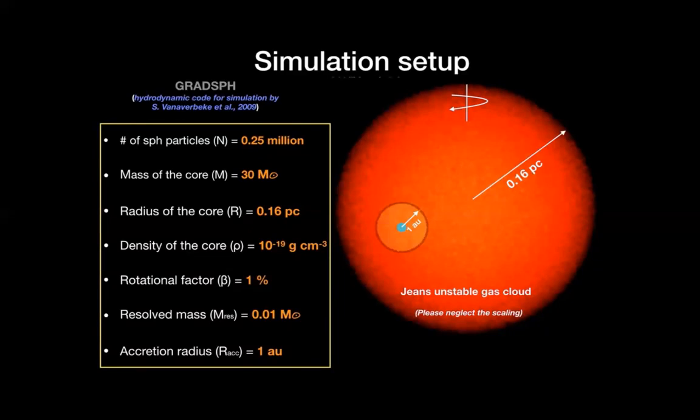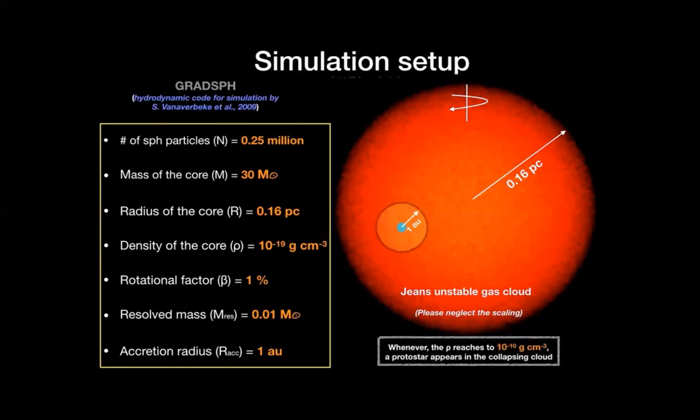Whenever a star is formed in the gas, it has to have an accretion radius within which, if material falls in, it becomes part of the protostar. So for this, we set the accretion radius equal to 1 AU.